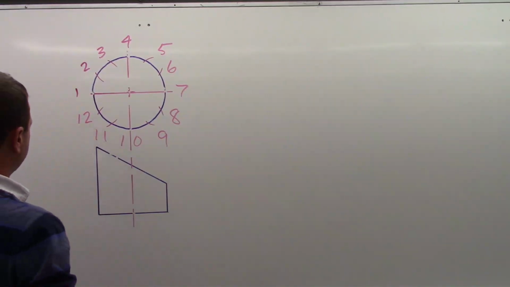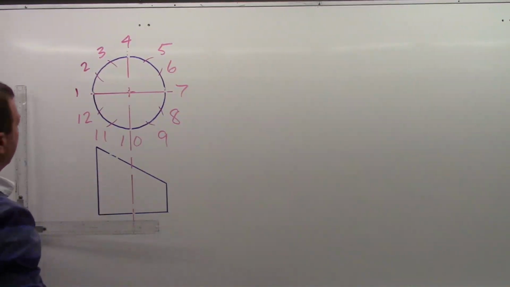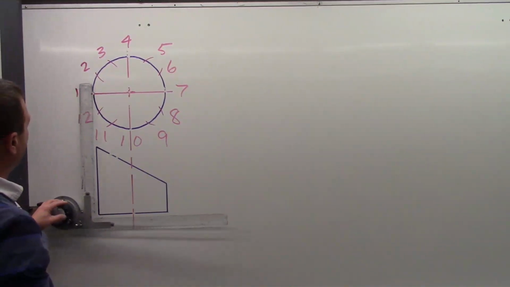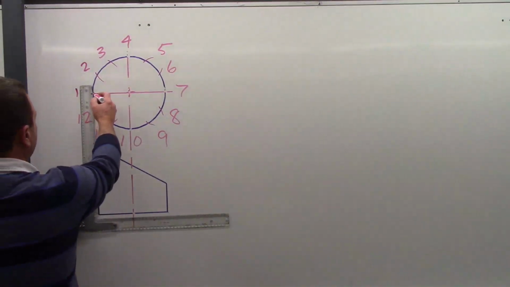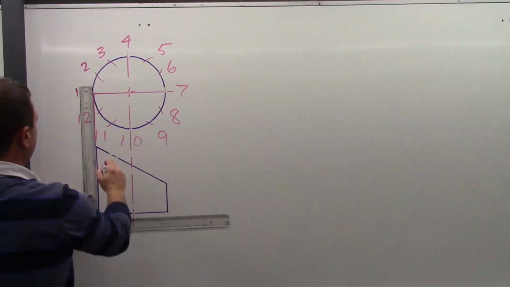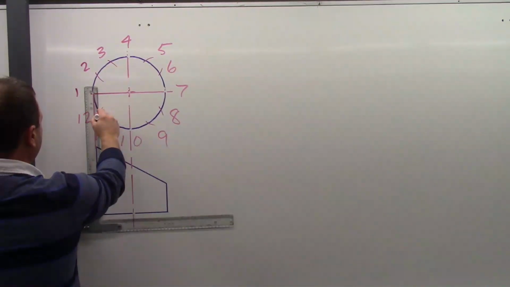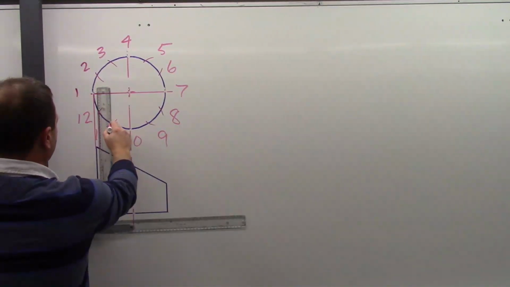divisions established now. So what I want to do from there is establish the element lines on the elevation view, and I'm going to do that by projecting the points downwards. So I'm going to project them from the plan view into the elevation view.